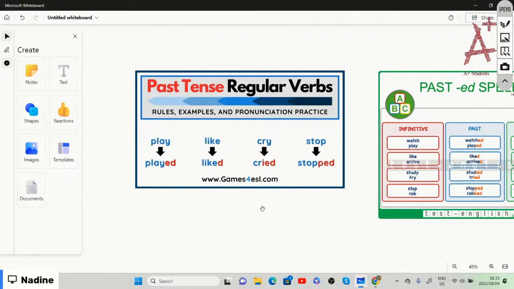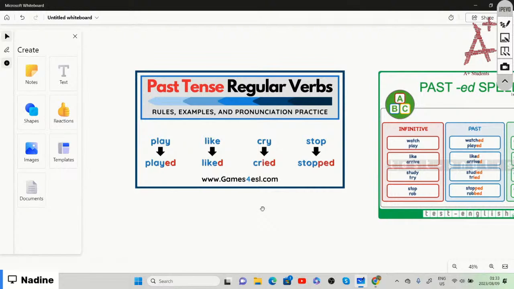Then we have the same with like. Because like ends in an E, we can still add ed, so we basically just added a D. So like and now liked. Cry.